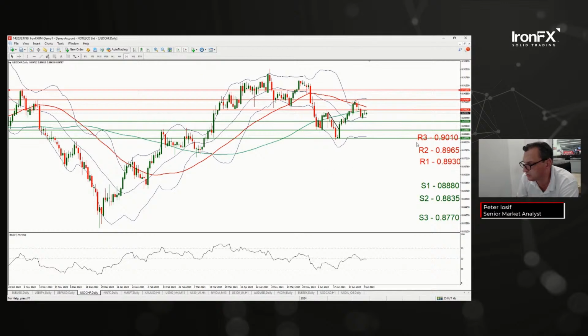0.9105. R2 being set at 0.9050. And the R1 at 0.8990.